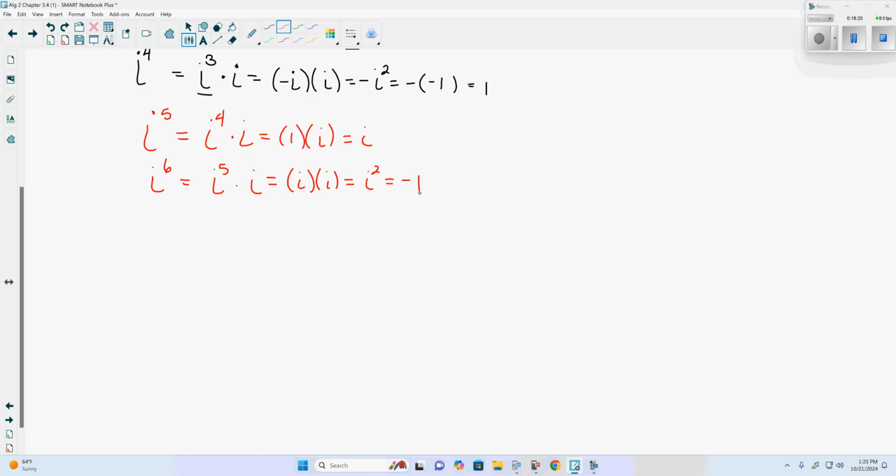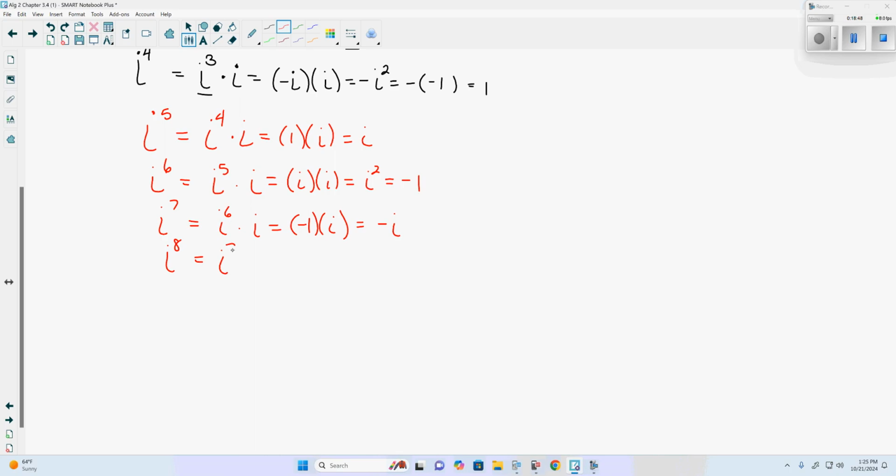Anybody have a guess at what i to the seventh is going to be? Almost. Because it'd be i to the sixth times i. Well, i to the sixth is negative 1, and negative 1 times i is negative i. What would i to the eighth be?